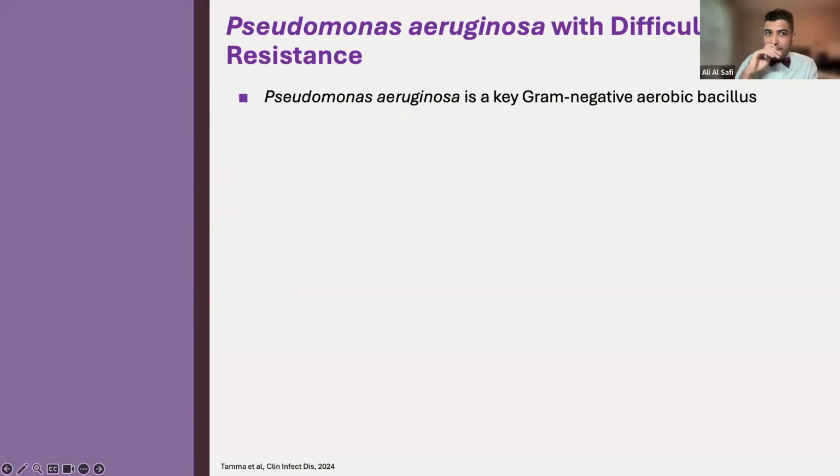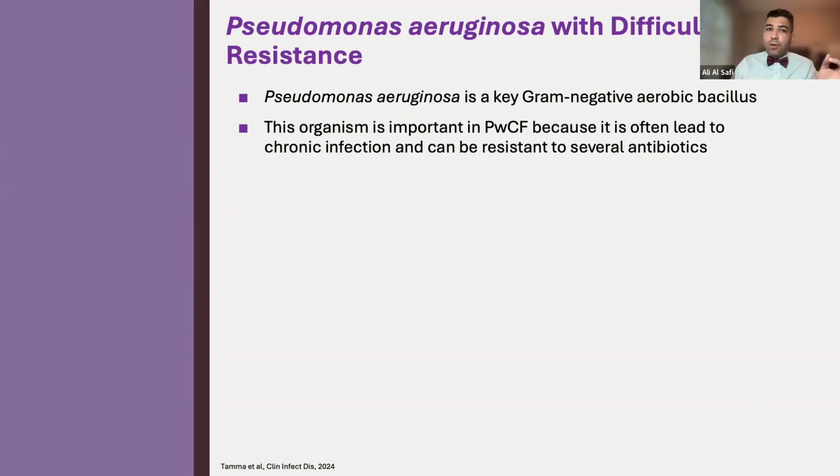So that brings me to talk about Pseudomonas aeruginosa with difficult to treat resistance. Pseudomonas is a key gram-negative bacteria. This organism is important in cystic fibrosis because, as we said earlier, it often leads to chronic infection and can be resistant to several antibiotics.